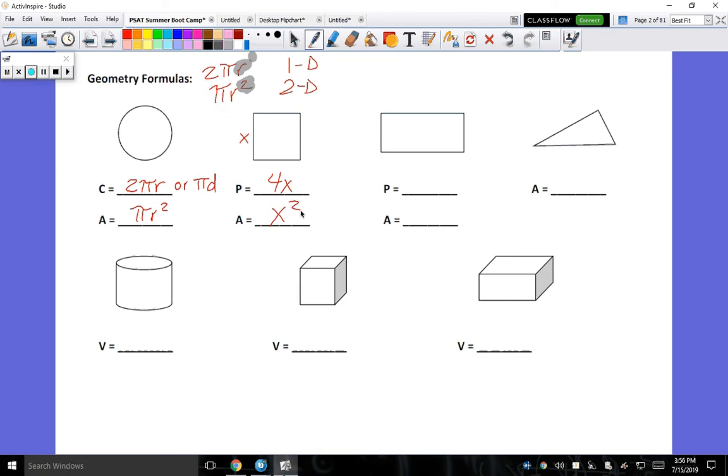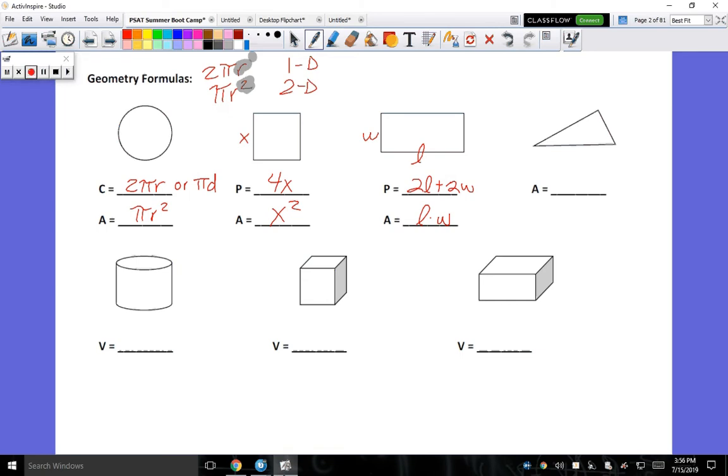Now we have a rectangle. What's the perimeter if, let's say this is L and this is W? 2L plus 2W. What's the area? L times W, base times height. Alright, we have a nice triangle over here. Now there are different types of triangles. What type of triangle is this?